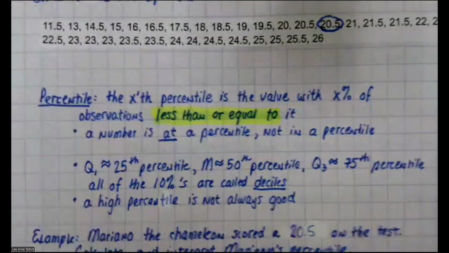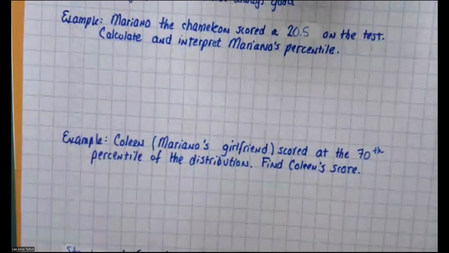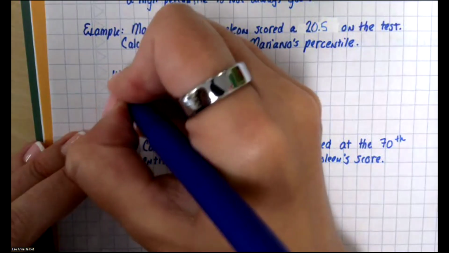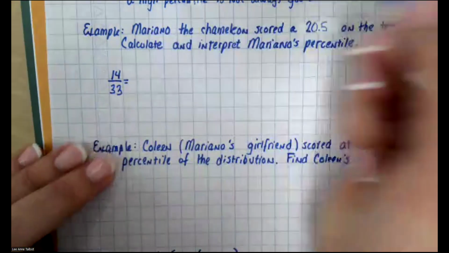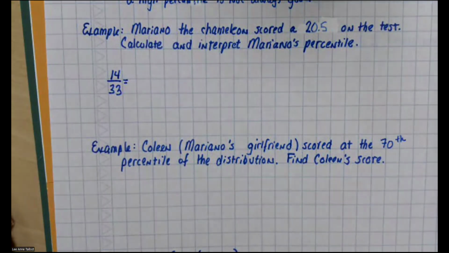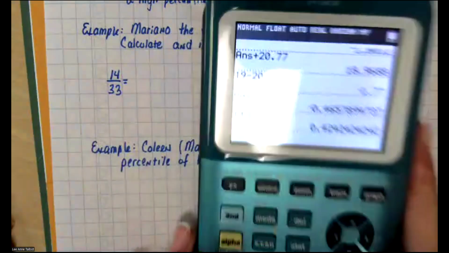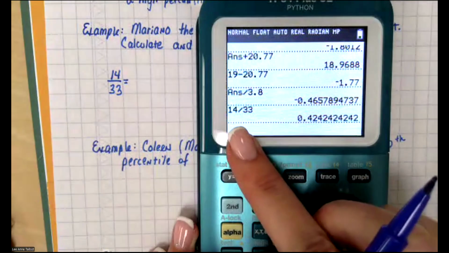So we say 14 out of the 33 students in the class, of the 33 data values. And then we find the calculator.